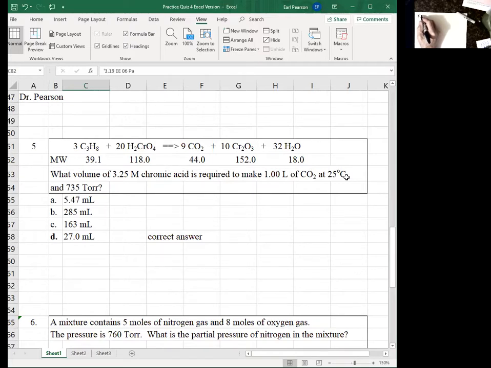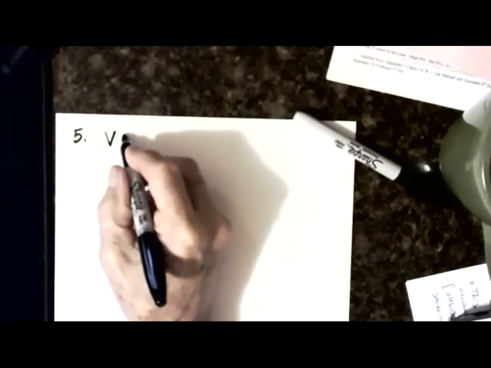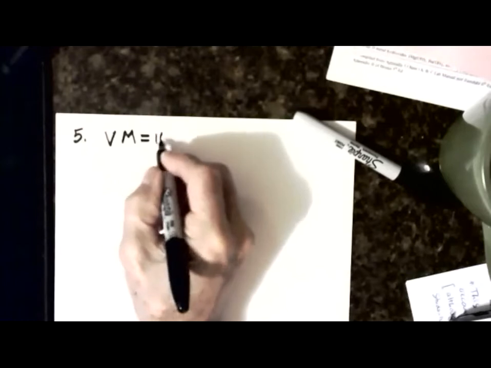So now let's go back where you can see my pad again. Now, remember when we're doing solution stoichiometry, the equation we need is volume times molarity is number of moles.